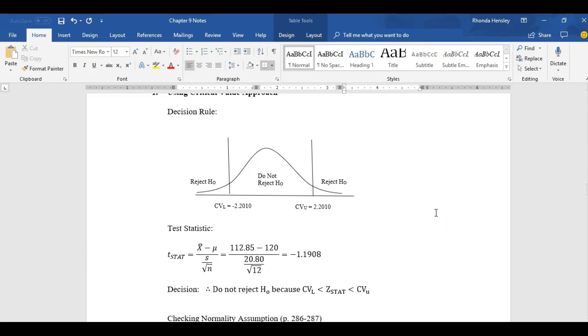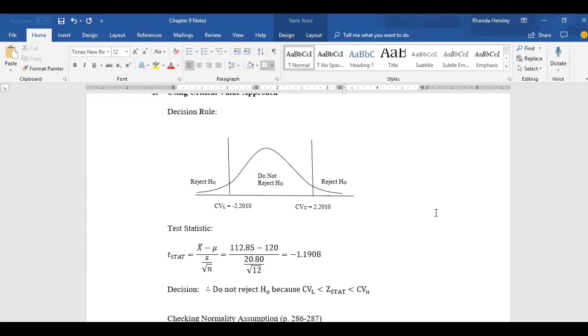So if you look in your t-distribution tables, and you look in the area 0.0250 in the tail, and you look under degrees of freedom, with our sample size of 12, you look under 11 degrees of freedom, you should see the value 2.2010.